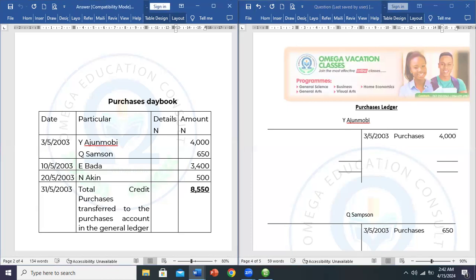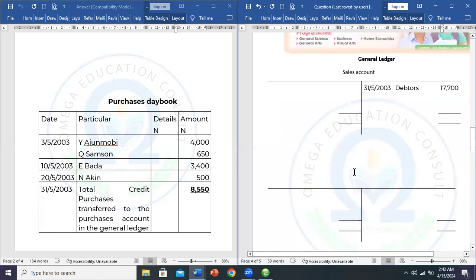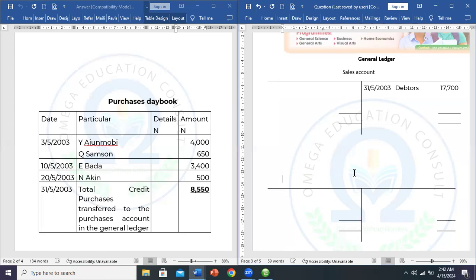So since you already have your general ledger, go under your general ledger. Okay, so we have our general ledger here with the sales account already there. So we also add the purchases account. And this time we are going to debit purchases, because when we purchase goods, we debit it. We are going to use what date?